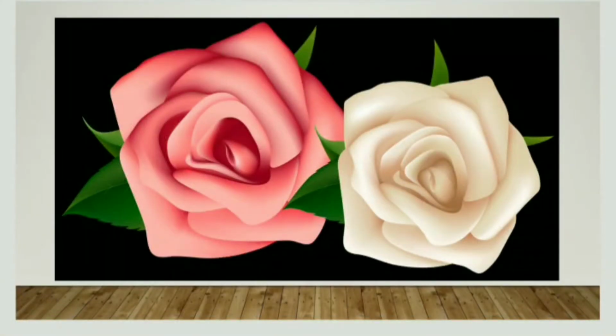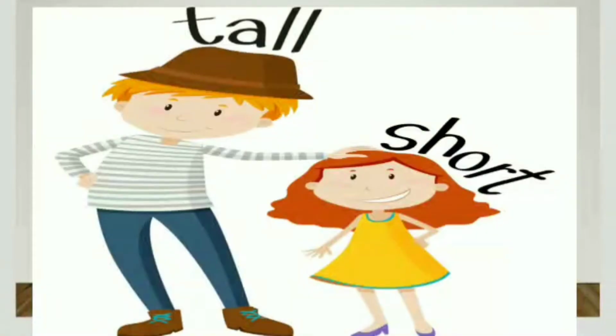Another phenotype is based on flower color, whether a flower, for example, is red or green. Another phenotype is based on height, that is, whether an organism is tall or short.